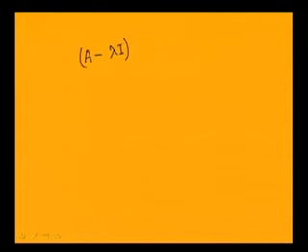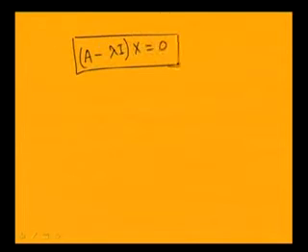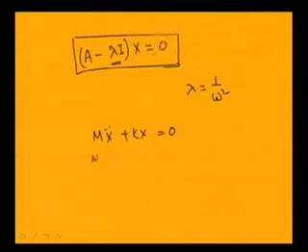In this case, lambda equal to 1 by omega square. So if you are finding the eigenvalue of matrix A, this will give you 1 by omega square. But in the previous case, when you took the equation in the form m x double dot plus k x equal to 0 and multiplied it with minus m inverse, you got m inverse k x equal to 0.